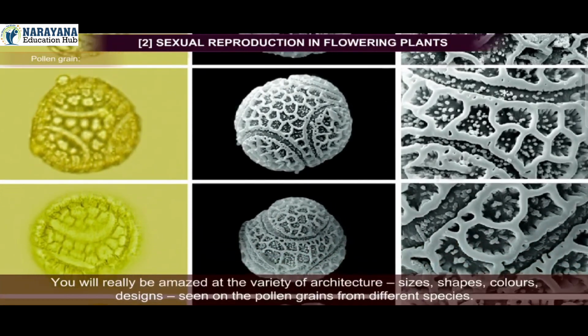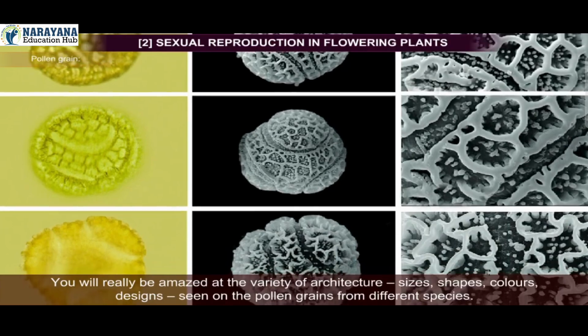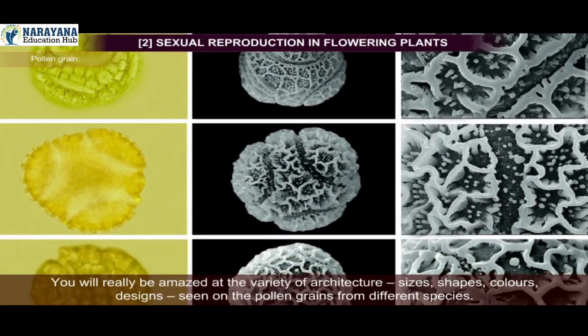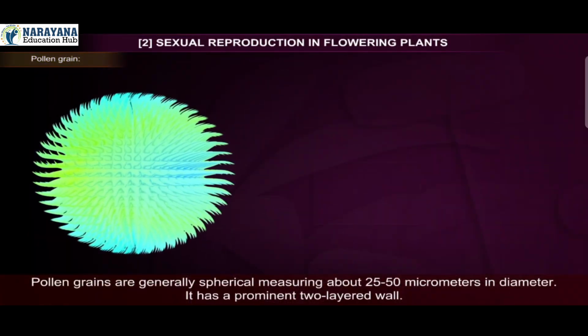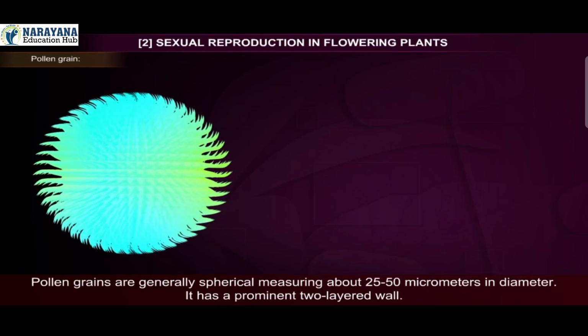You will really be amazed at the variety of architecture, sizes, shapes, colors, designs seen on the pollen grains from different species. Pollen grains are generally spherical, measuring about 25 to 50 micrometers in diameter.